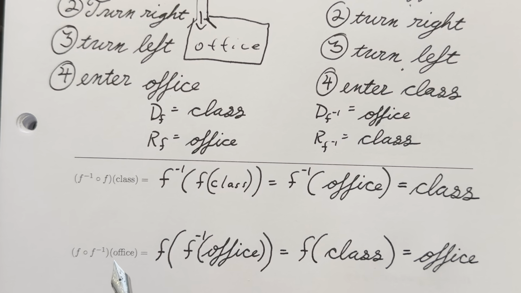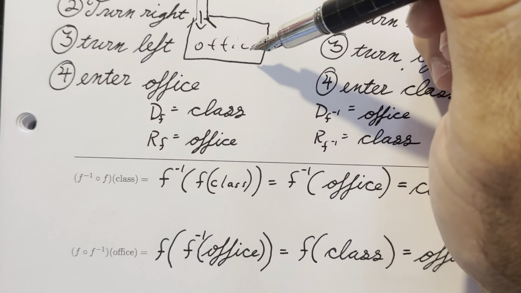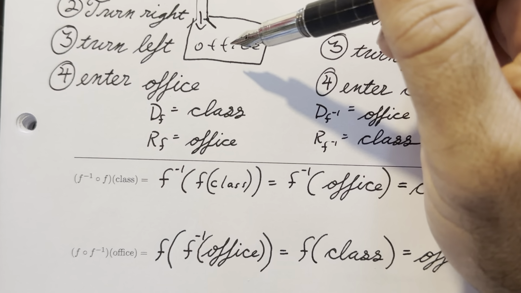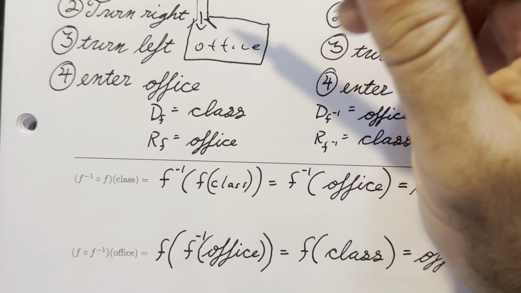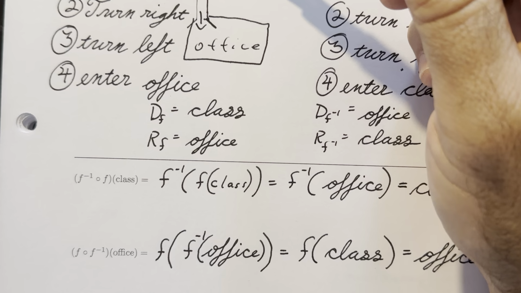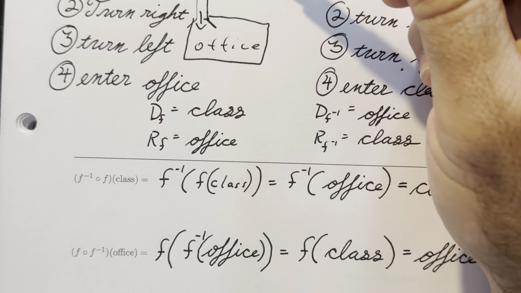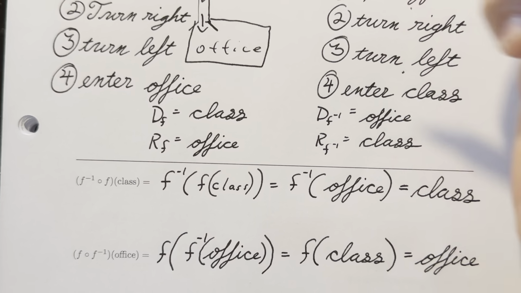What happened here is that the inverse function, you're starting off in the office, and the inverse function took you from the office to the class, and then the function brought you from the class right back to the office.